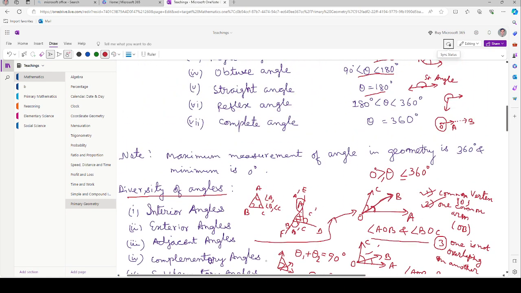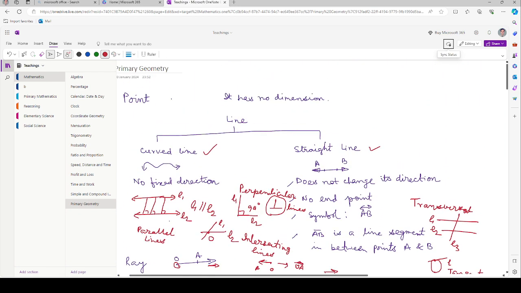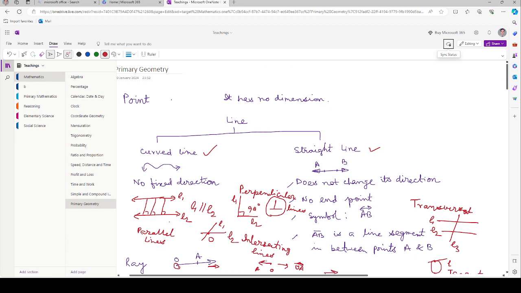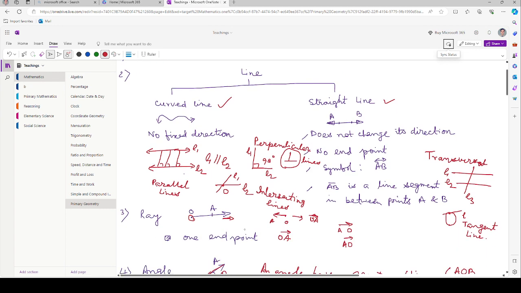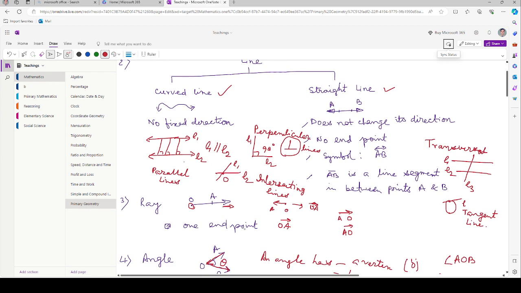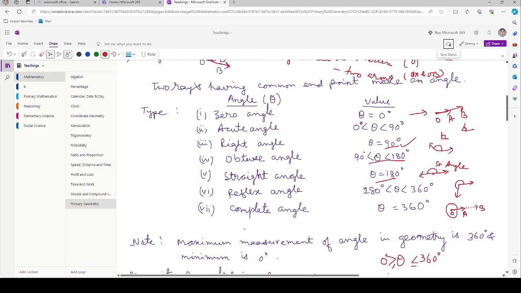So the primary geometry is to be clear first of all, then you will face the mensuration problems efficiently. Okay, so in this video we have discussed point, line, types of lines, rays, angles, types of angles.